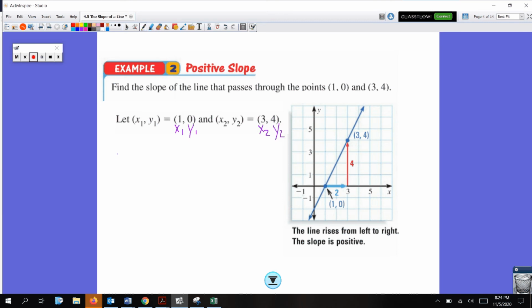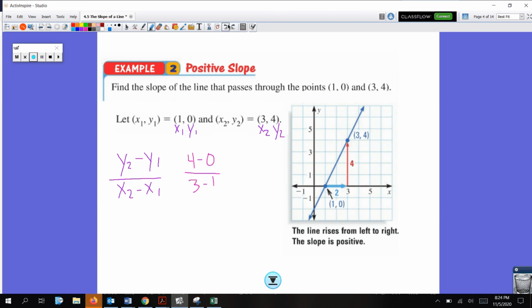Remember, the formula is y2 minus y1 over x2 minus x1. So all we need to do is plug in those values, right? y2 is 4, y1 is 0, x2 is 3, x1 is 1, okay? Just note that these right here came from the same ordered pair. That is very important, that the numerator and the denominator both start with the same ordered pair.